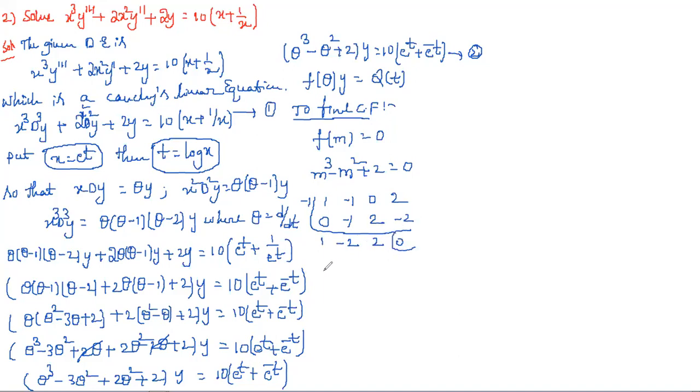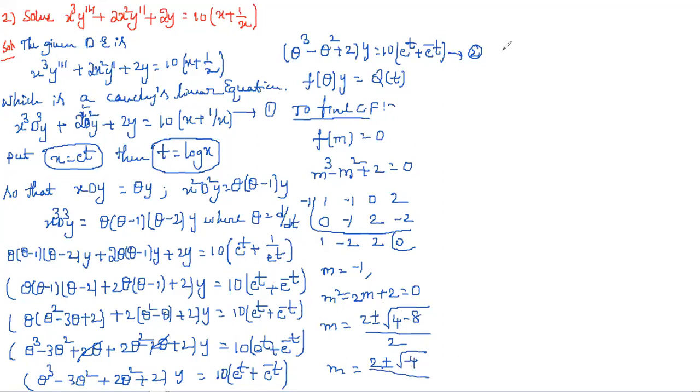So simply, one root is m equal to minus 1. Another one is m square minus 2m plus 2 equal to 0. This is a quadratic equation and we don't get direct roots for this one. So simply, m is equal to minus b plus or minus square root of b square minus 4ac by 2a, that is 2 plus or minus square root of minus 4 by 2.